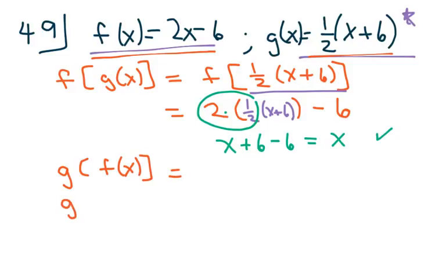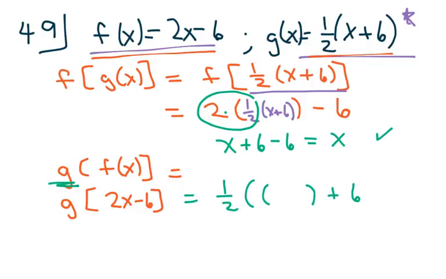And now we're going to go the other way and do g composed with f of x. So that's g, and f of x is 2x minus 6. So I'm going to write down g. G is 1/2. And for the x, I'm going to put parentheses plus 6. And what I put in this parentheses is 2x minus 6.